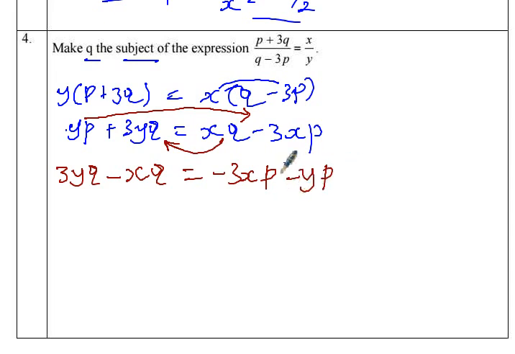Look at how the signs are changing. When a term crosses, it becomes minus. This simply stayed here, so that's why I'm writing it as minus 3xp.